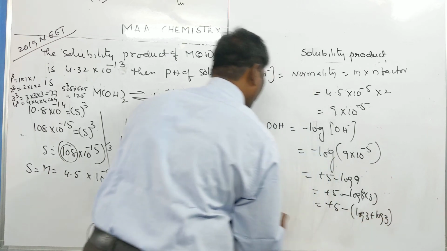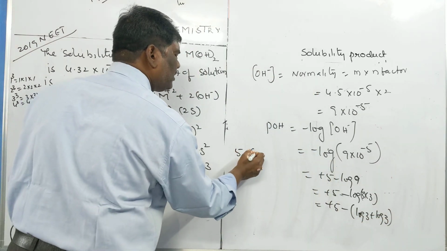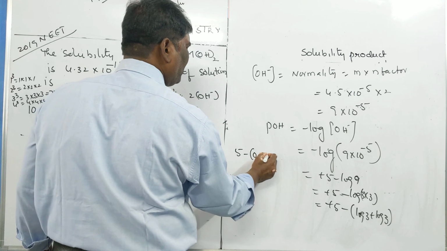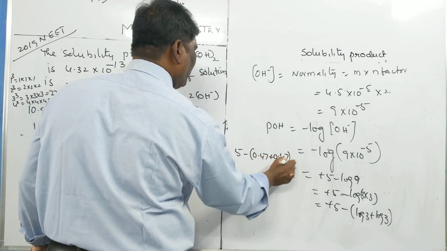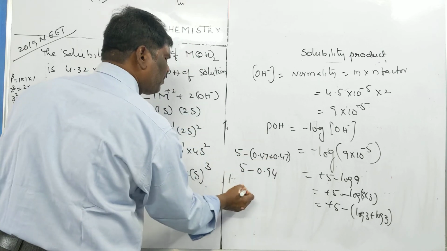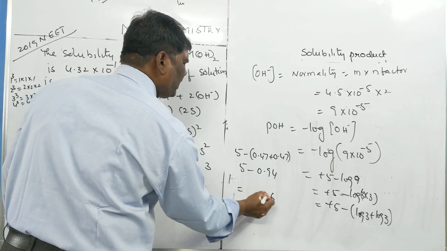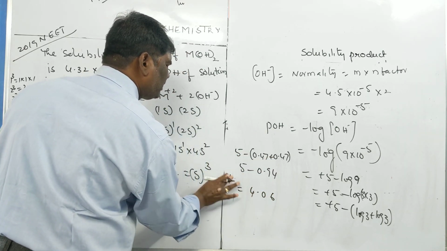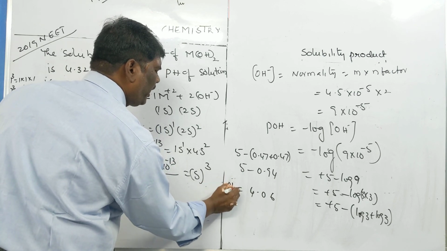So what is the log 3 value? 5 minus 0.47 plus 0.47. 5 minus 0.94. That means we are getting 4.06. This is nothing but pOH we have.